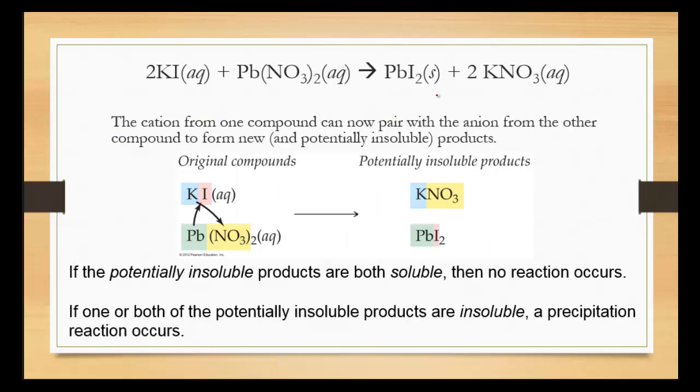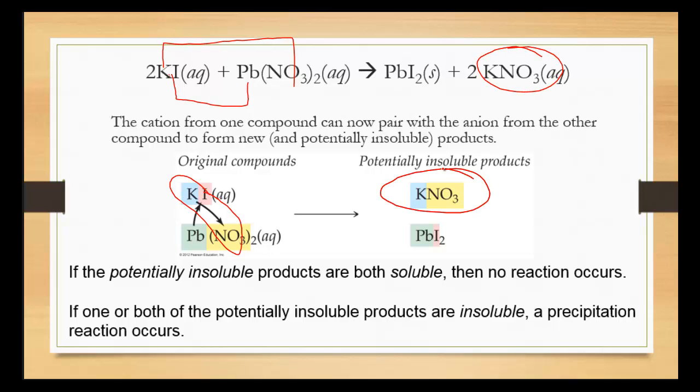So when we go over here, what's happening is the inside ions are coming together and the outside ions are coming together. So the potassium is now with nitrate, which is written right here. And the iodine is now with lead. Notice the lead's written first because the positive is always written first, which is right here.